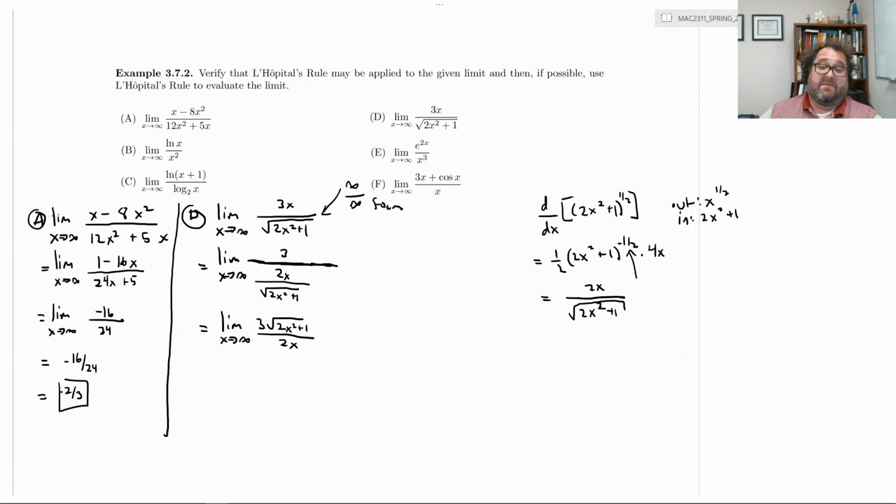And that's going to happen sometimes. There are times where L'Hopital's rule, sure, you can apply it. You can apply it until the cows come home, but you're just going to flip back and forth between different forms of a limit, and none of them are really good. So I put that there on purpose to show you that L'Hopital's rule is not always advantageous. So how would we solve this?